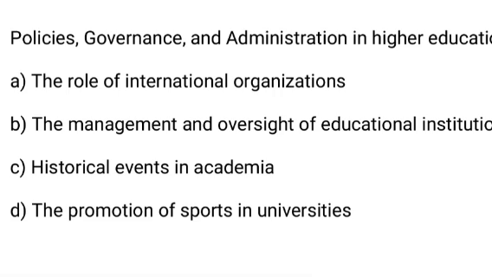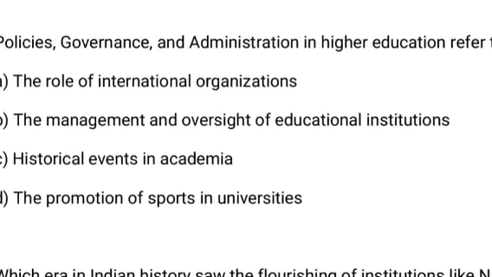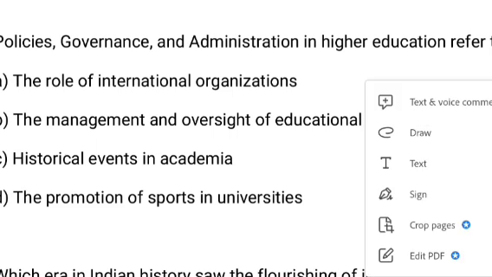Moving on. Policies, governance, and administration in higher education refer to what? The role of international organizations, the management and oversight of educational institutions, historical events in academia, the promotion of sports in universities. So it will be the management and oversight of educational institutions.